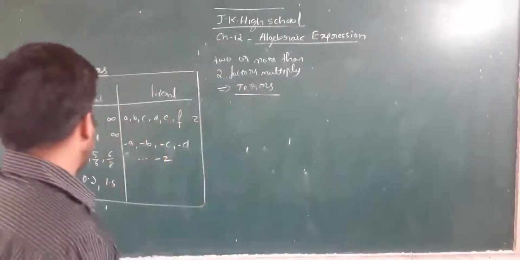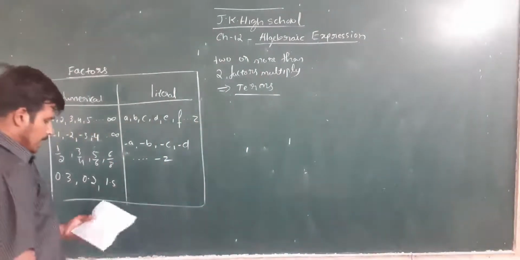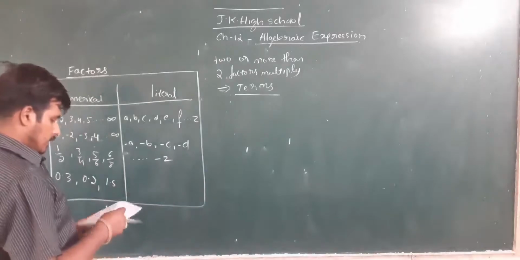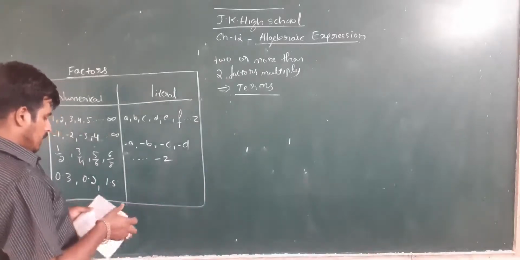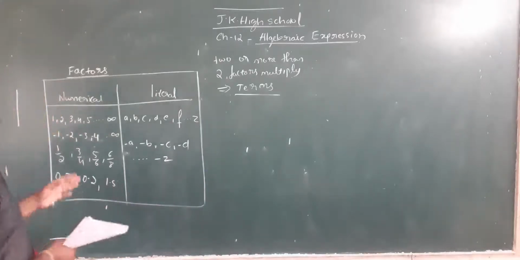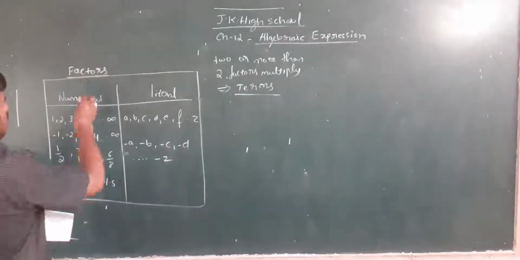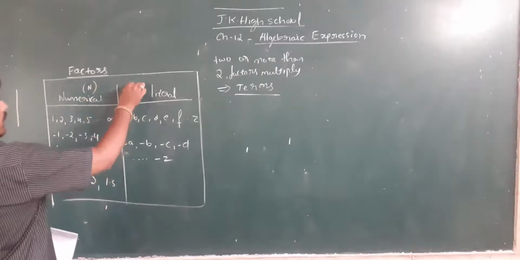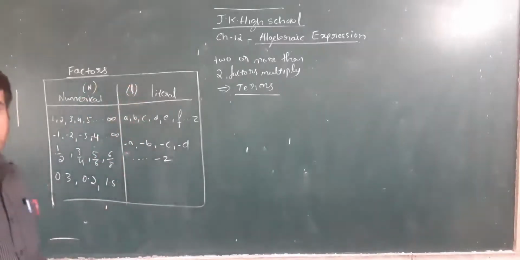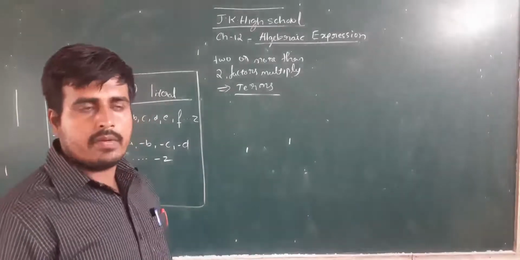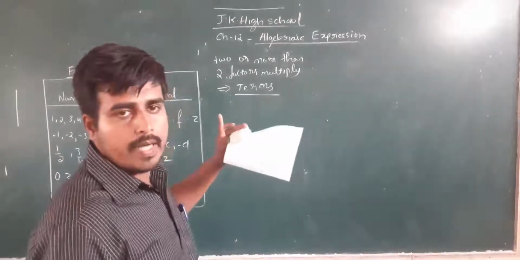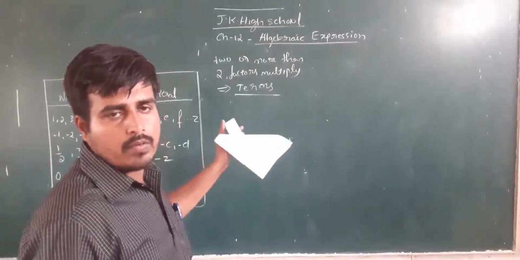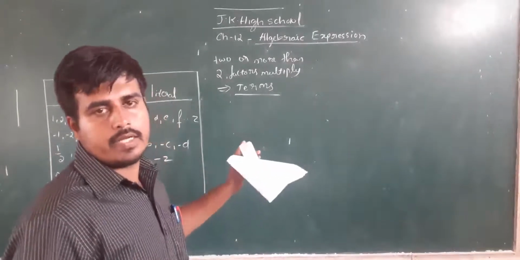Okay, what I will do, I will multiply. Let's say here I have numbers, and here I have letters. Here I will try to make terms by multiplying the numbers with the letters, or numbers with the numbers, or letters with the letters.